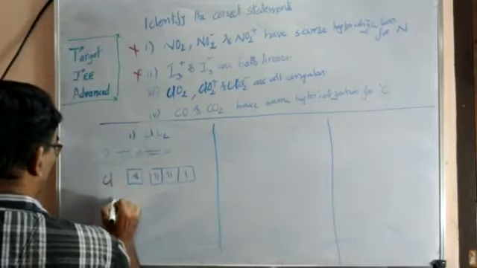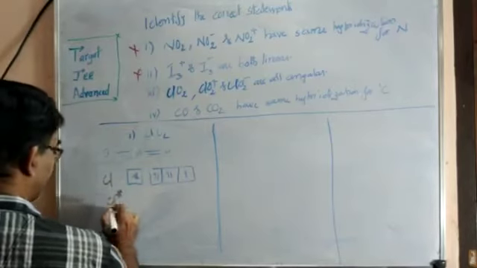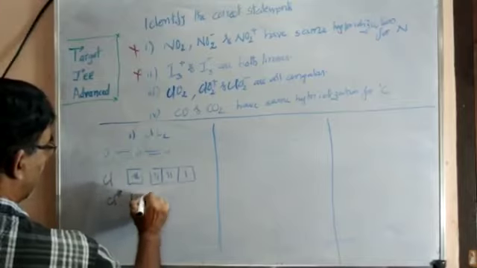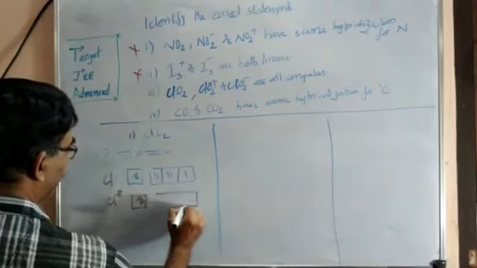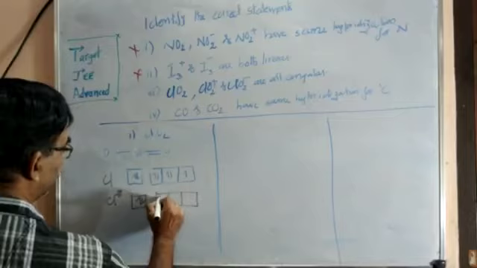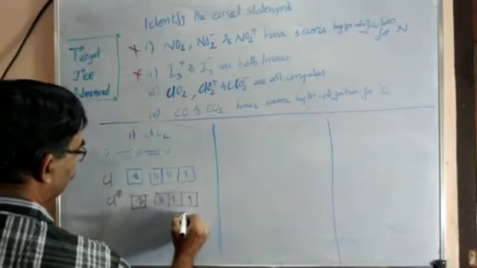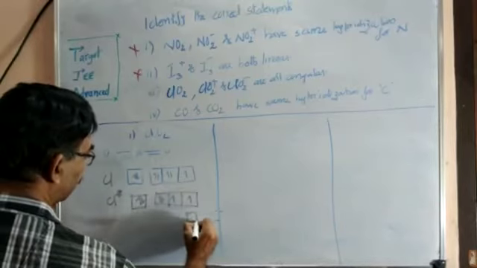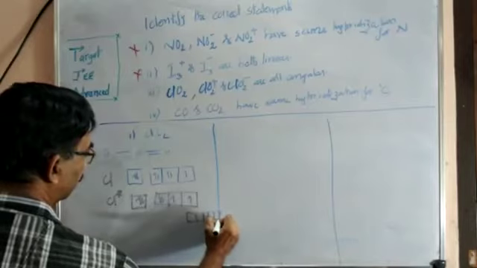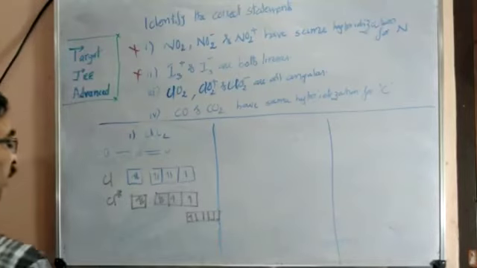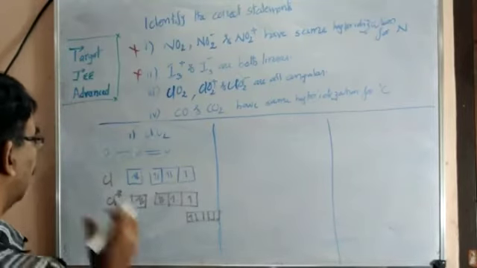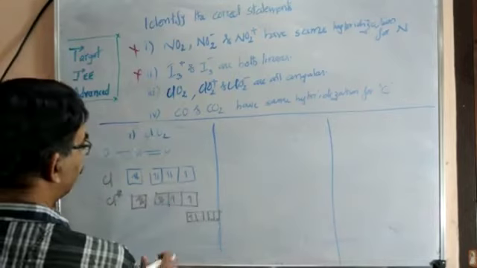This is Cl. We have now Cl star, which suggests an excited state, so that now it has 3 unpaired electrons. We want only 2.